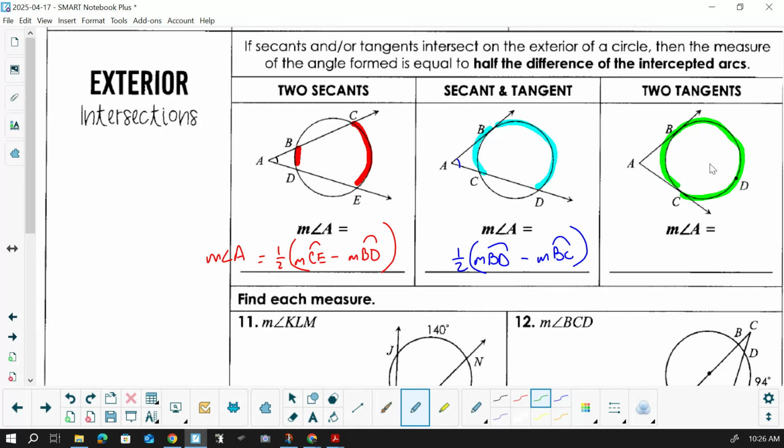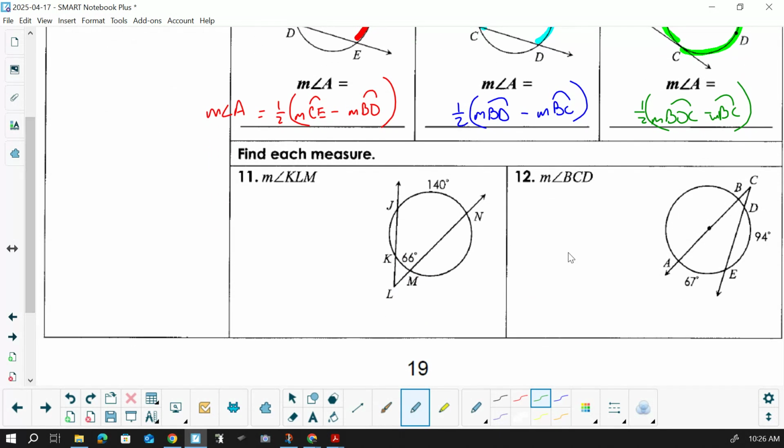And then this one here, big arc, BDC, minus the small arc, BC, times 1/2 equals the angle on the outside, angle A. Okay, so it's kind of like the first ones we did, except instead of adding, we're going to subtract.